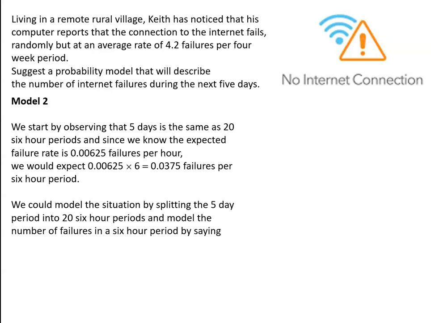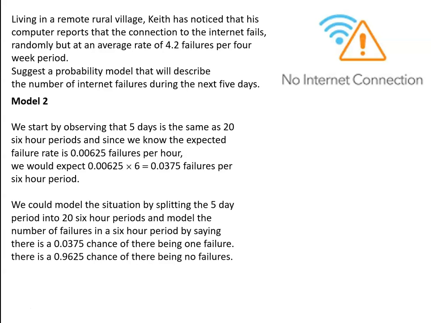So our improved model is going to say that the number of failures in a 6-hour period is going to be 1 with probability 0.0375, and it's going to be 0 with probability 0.9625.